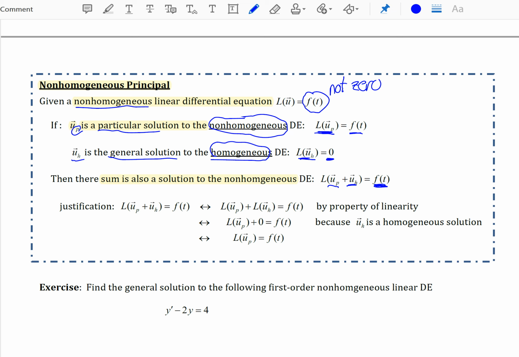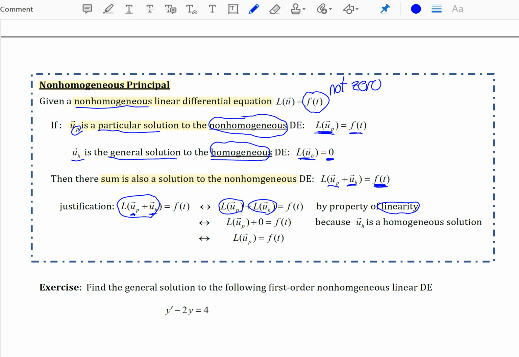The justification for this should make sense. If you take your particular solution and add it to the homogeneous solution, this should still equal f of t. Now the reason this works is, remember, the linearity property of these linear operators, meaning you can break up the left-hand side, L of UP plus UH, as L of UP plus L of UH. And this is because we're talking about a linear operator.